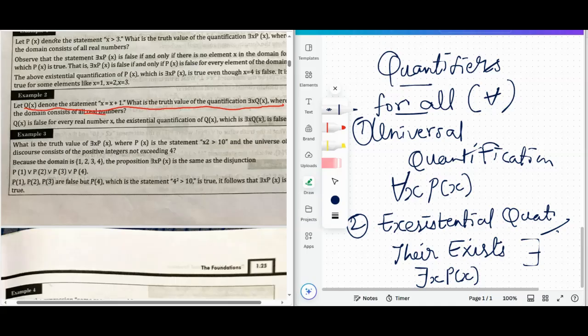If the domain is the real numbers, then Q(x) will be false for every real number x, so the existential quantification of Q(x) will be false. For real numbers, this doesn't satisfy the value.